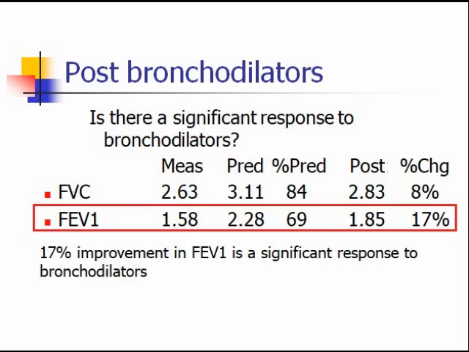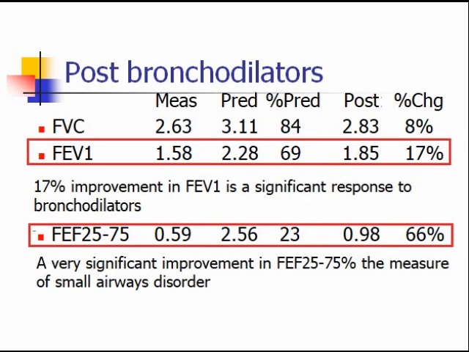Now, the FEF 25-75 is also very significantly improved. This is the measure of the small airways disorder, and both of these indicate that bronchodilators can be beneficial in this patient.